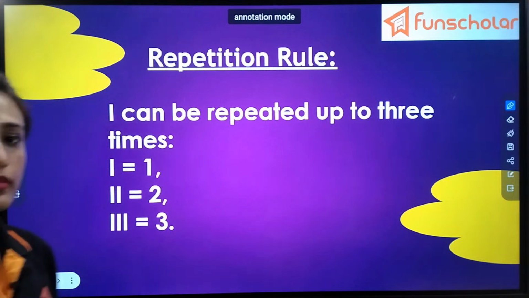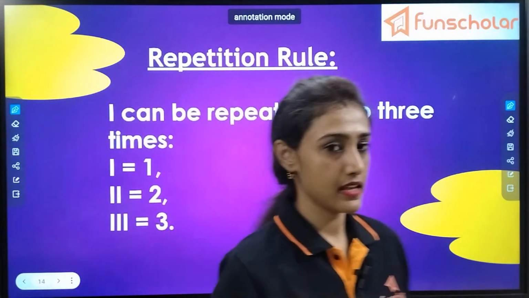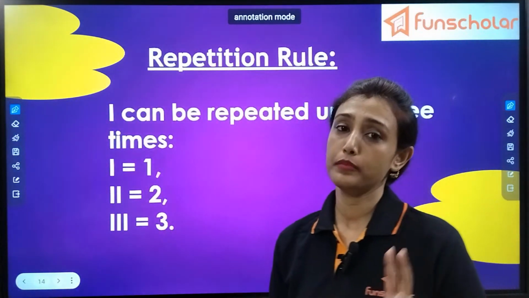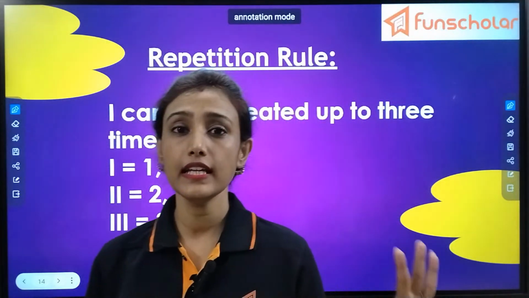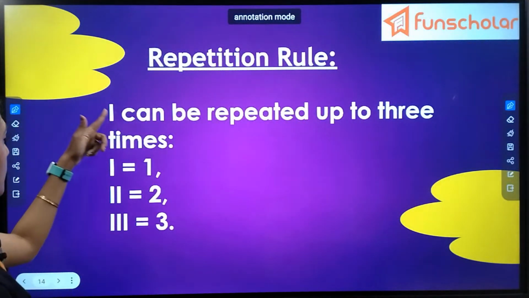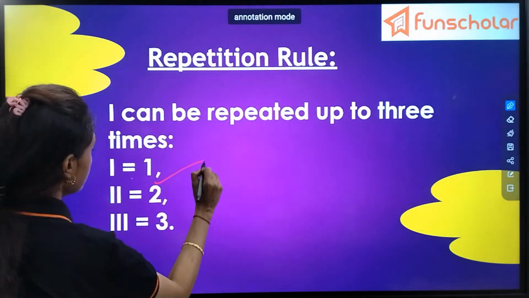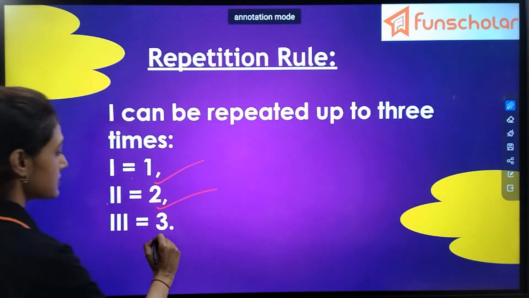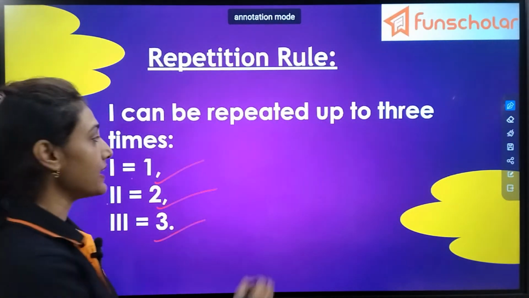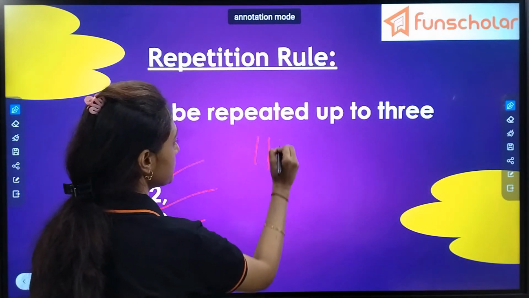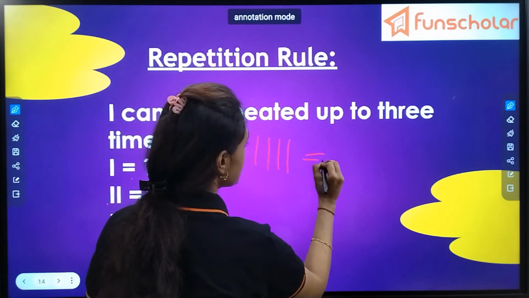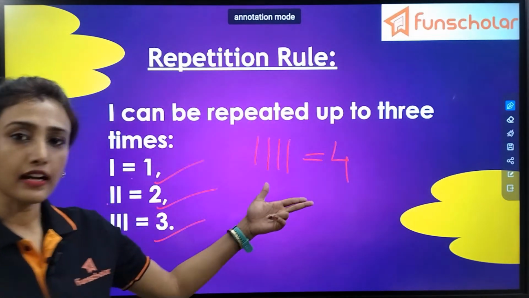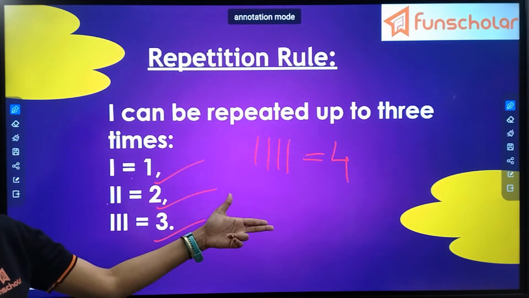Now the rule of repetition says that I can be repeated only 3 times. See, I represents 1, II represents 2, III represents 3. But if I write IIII equal to 4, is it correct according to you?